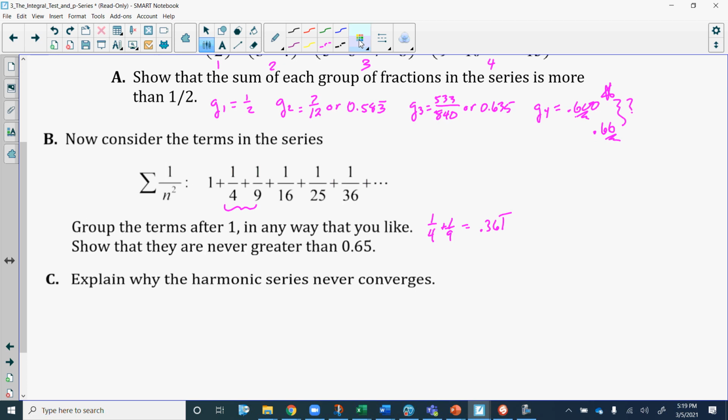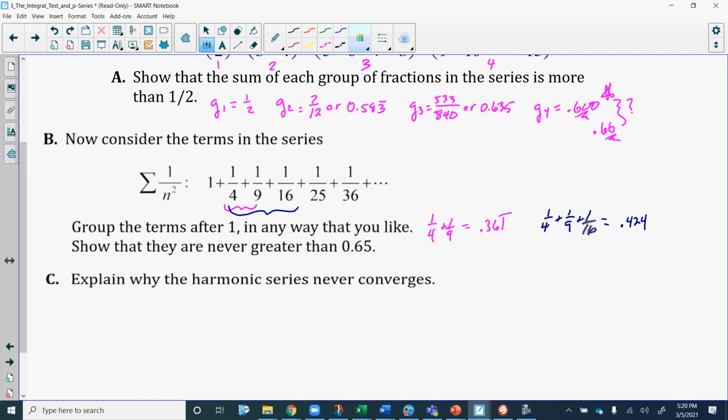And then the next group that I'm looking at, I'm just expanding it to include the 3 fractions here. So I'm looking at 1/4 plus 1/9 plus 1/16th. And what I was getting on my calculator is 0.424. Play around with whatever groupings you would like to do.